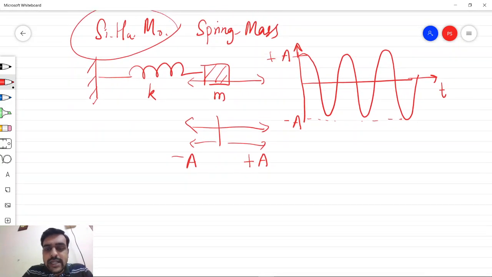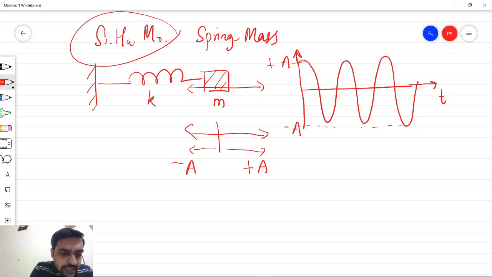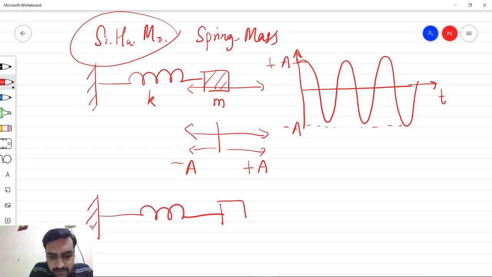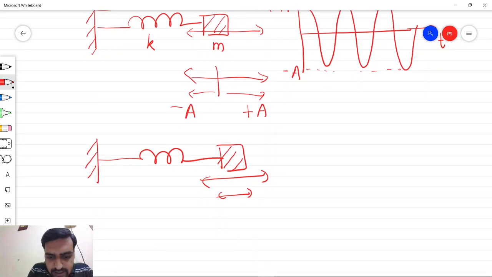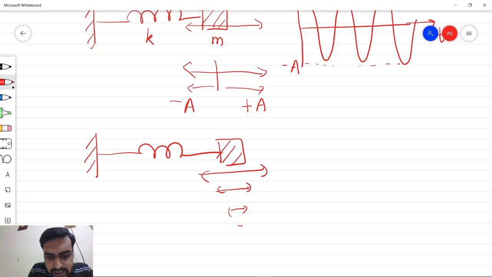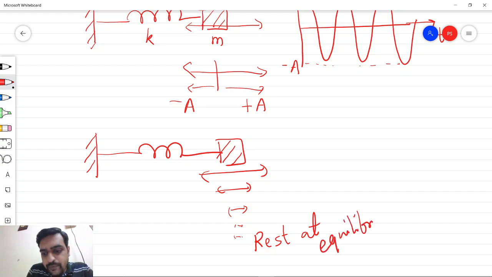Now, this is not the reality, because in practice we see that if we set such a system in oscillation, gradually the amplitude of oscillation goes on decreasing, and eventually the system comes to rest at the equilibrium position.